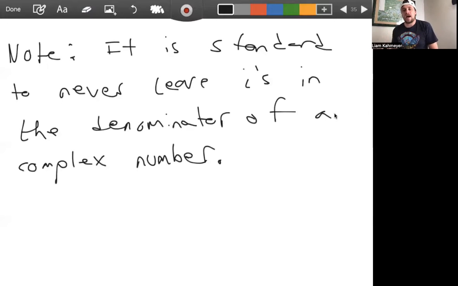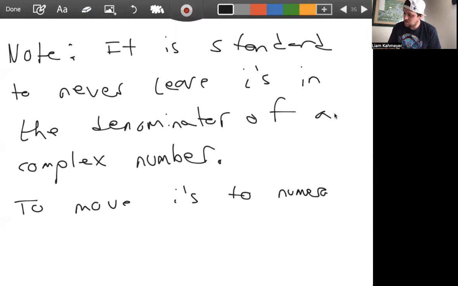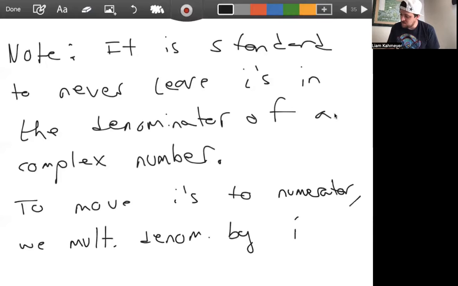So how do we get i's out of the denominator? To move i's to the numerator, we multiply the denominator by its complex conjugate.